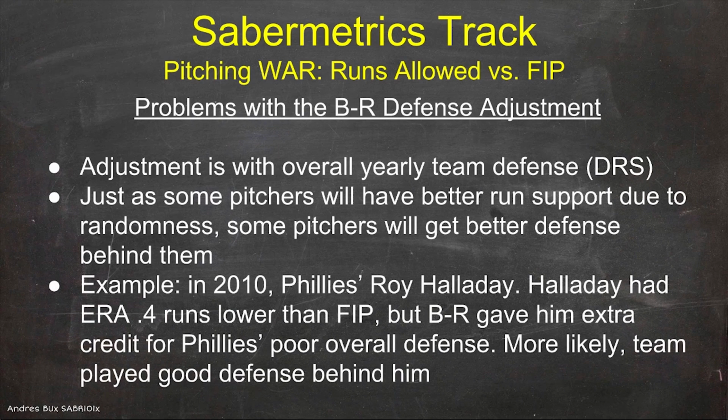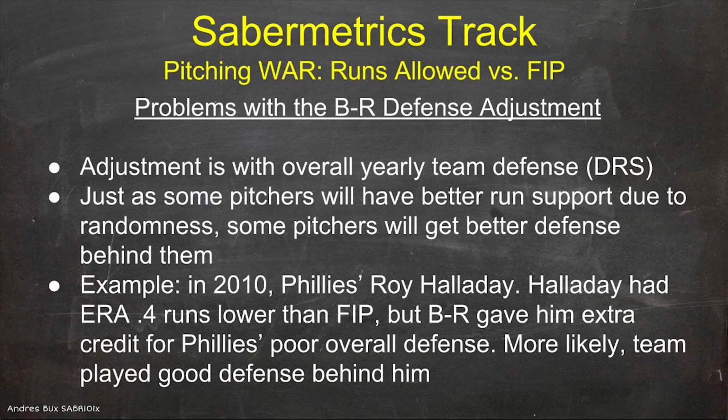Now, here's an example. Basically, what happened is, in 2010, the Phillies' defense wasn't that great. But the defense behind Halladay might have been doing well or gotten lucky because his ERA was actually better than his FIP. Now, there's a lot of reasons why his ERA might have been better than his FIP.